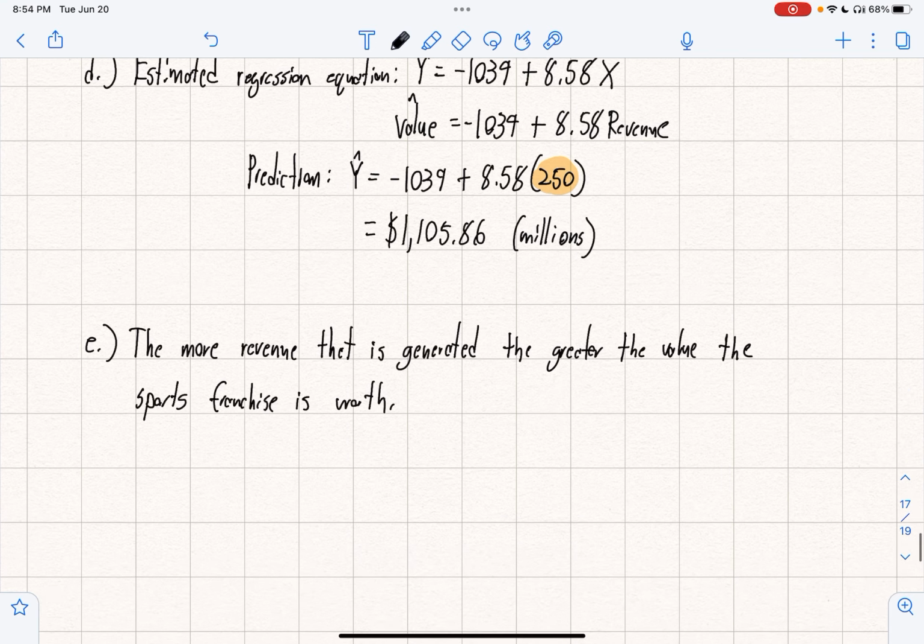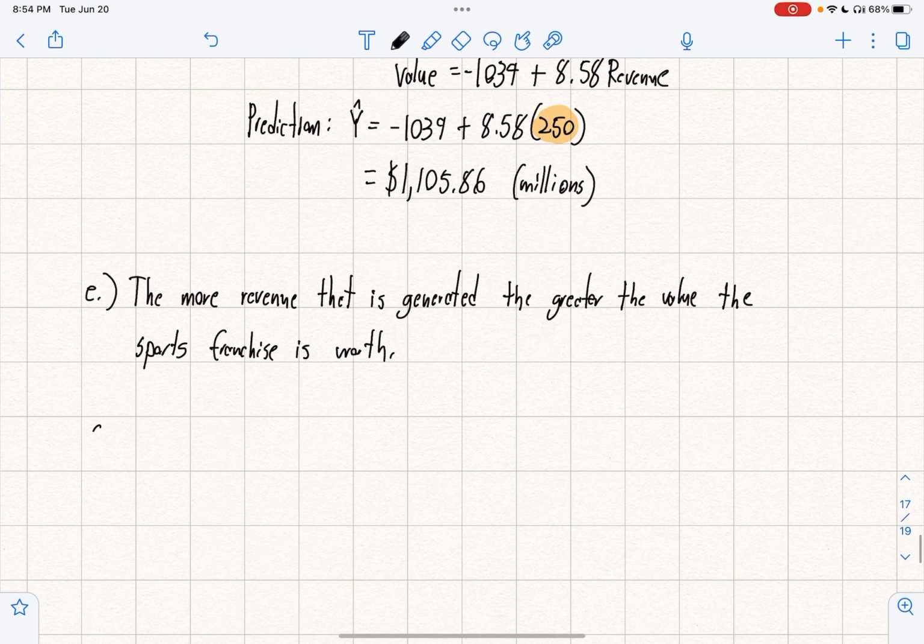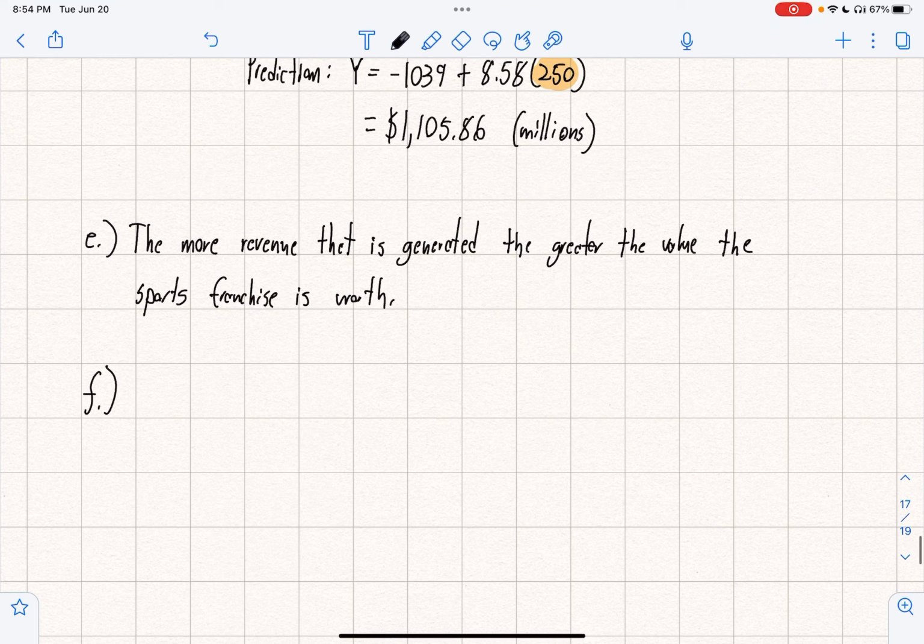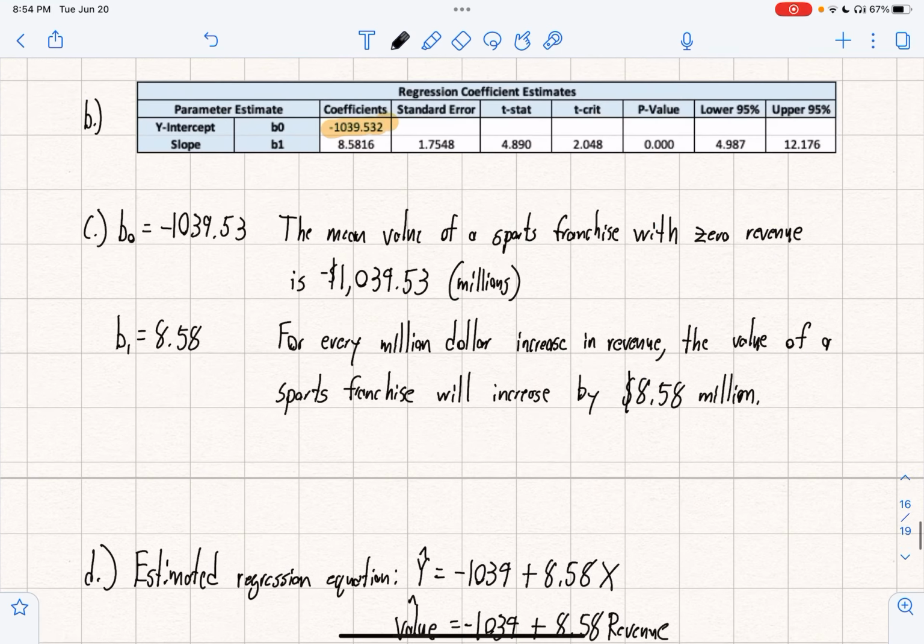Okay, so I'm going to add a couple more things to this just to reinforce some ideas. So the first is, is beta 1 significant at alpha equals 0.05? Well, let's just go back to our table.